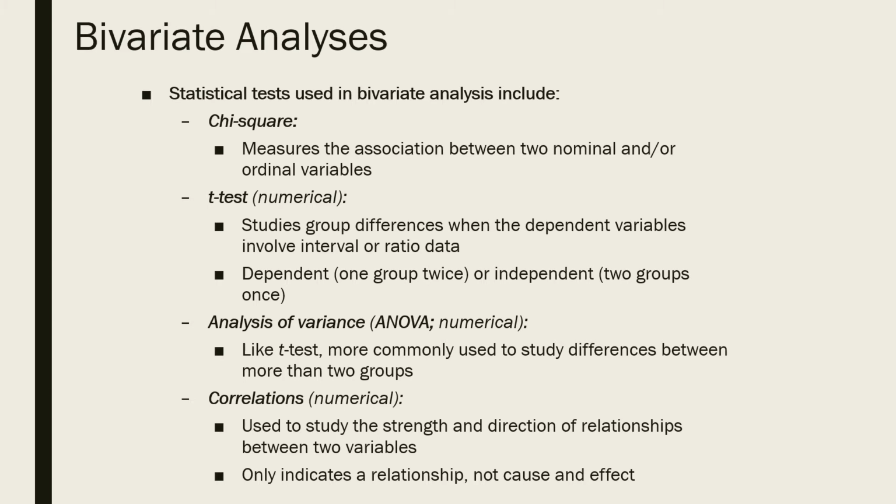So that would be your group variable. And then if you had some type of continuous variable like a knowledge scale or age, something that's continuous, then that would be your dependent variable. But since you collected one group twice, you would be looking at dependent t-tests.